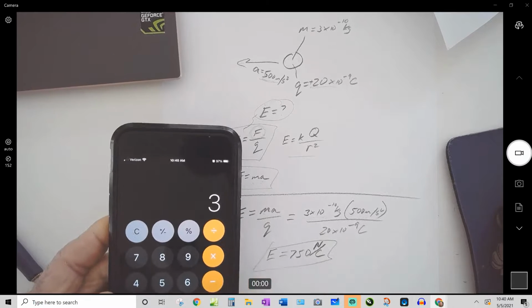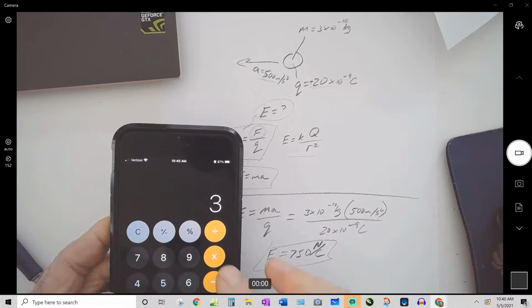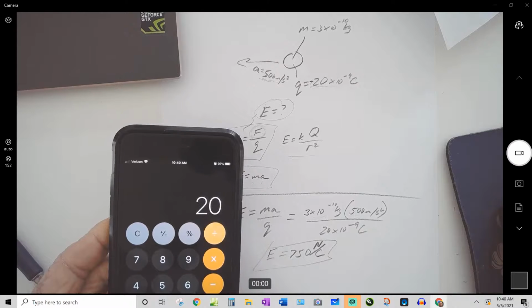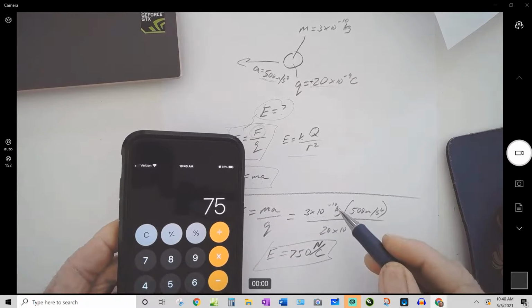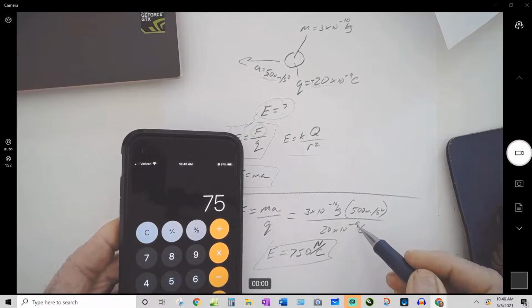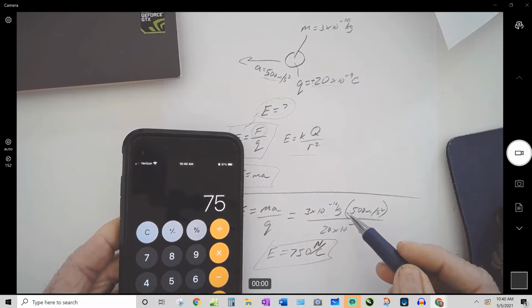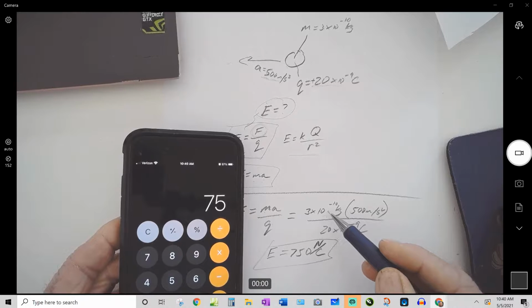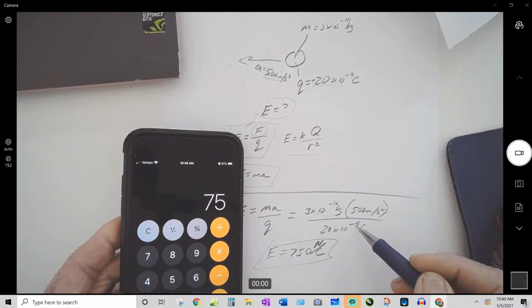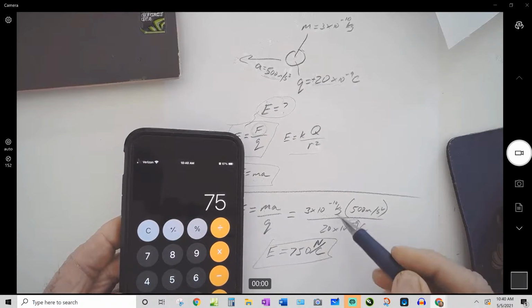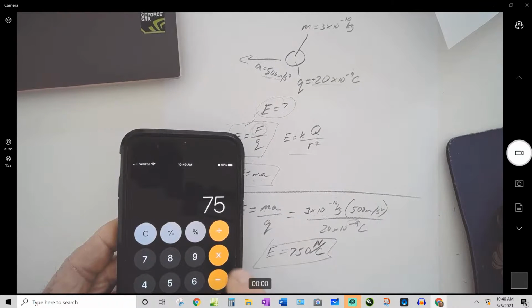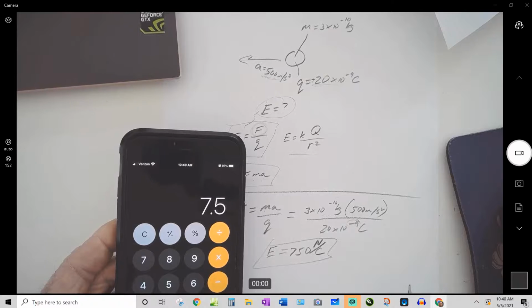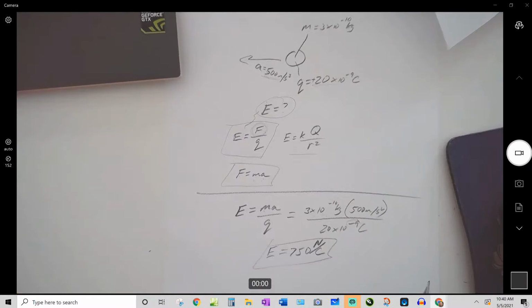I just did 3 times 500 divided by 20 and got 75, and I was thinking it's 10 to the 10th over 10 to the 9th, so that's going to give me 10 to the 10th. But it's 10 to the negative 10th divided by 10 to the negative 9th, which is an order of magnitude smaller, so I need to divide by 10 instead of multiply by 10. So there's my mistake. Good job. You all did better than I did.